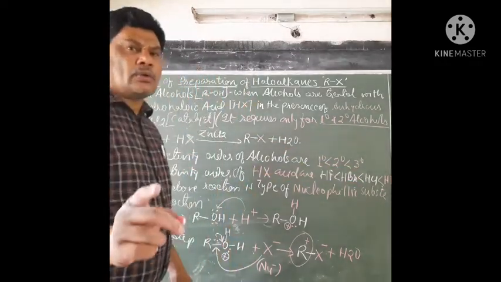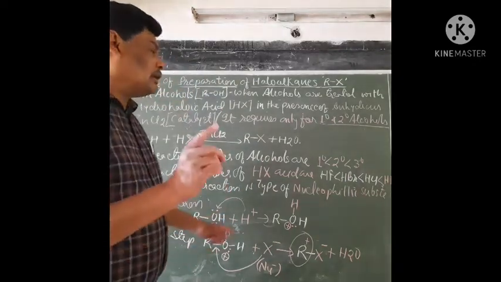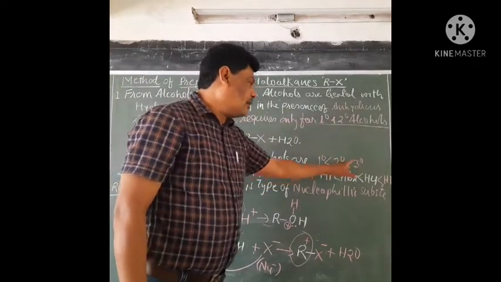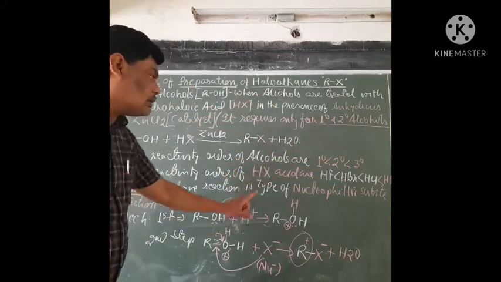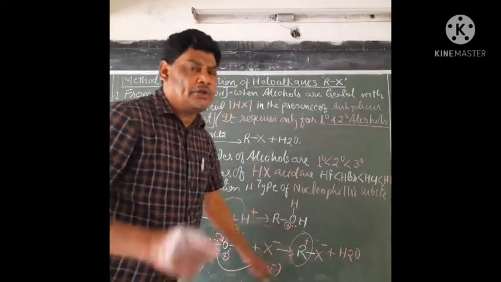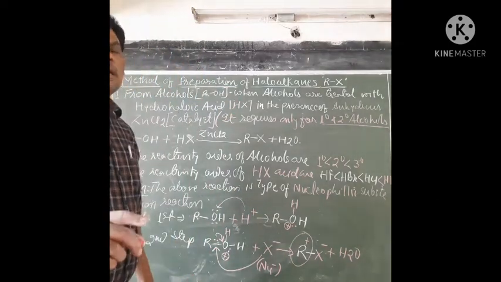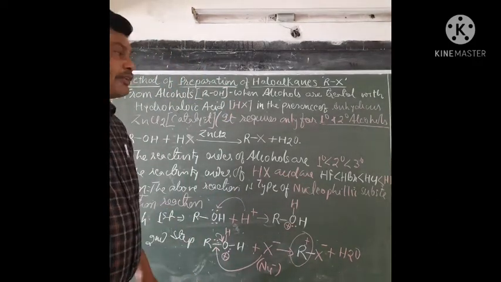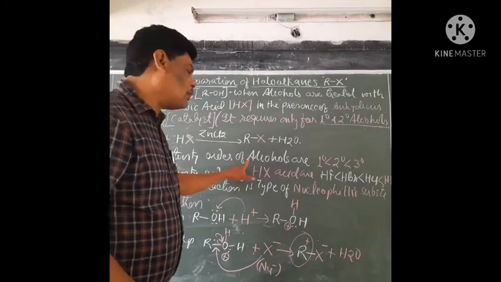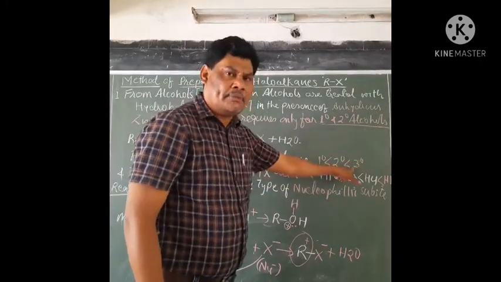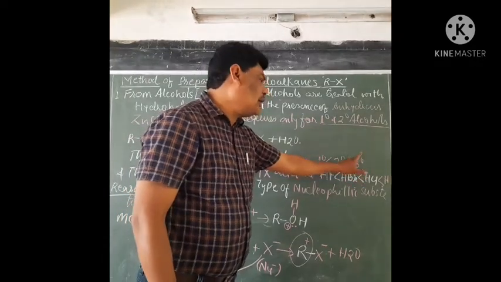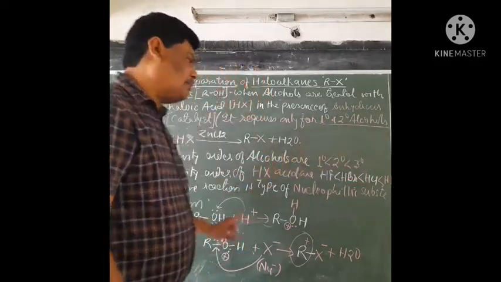Because tertiary alcohol forms a tertiary carbocation, and you know the tertiary carbocation is most stable. Therefore, the order of reactivity of alcohols is 1 degree, 2 degree, 3 degree.